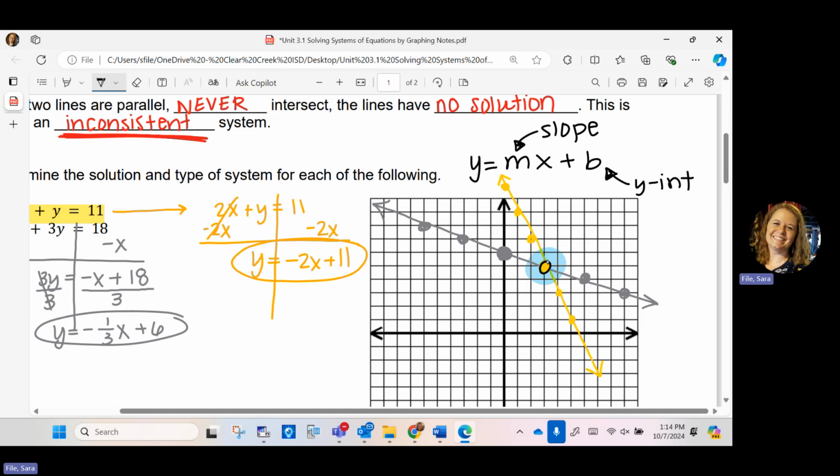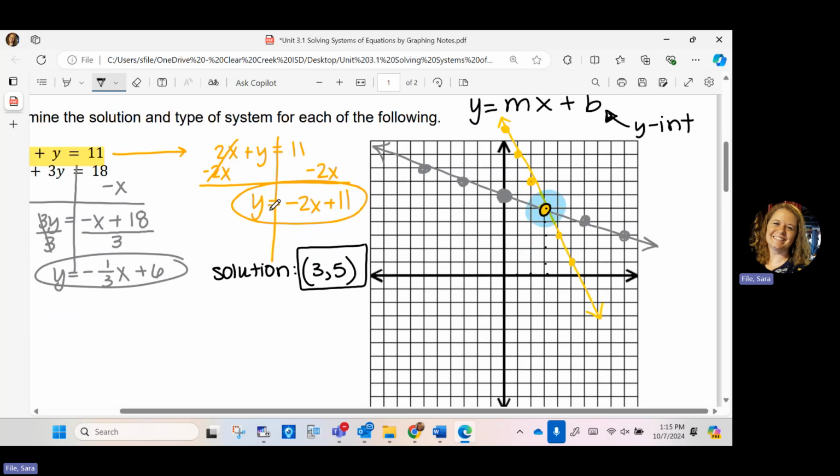So my solution here is over 3, up 1, 2, 3, 4, 5. So my solution is 3, 5. That's the point where they intersect.